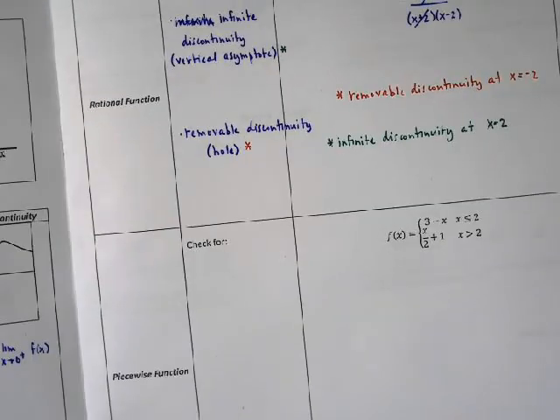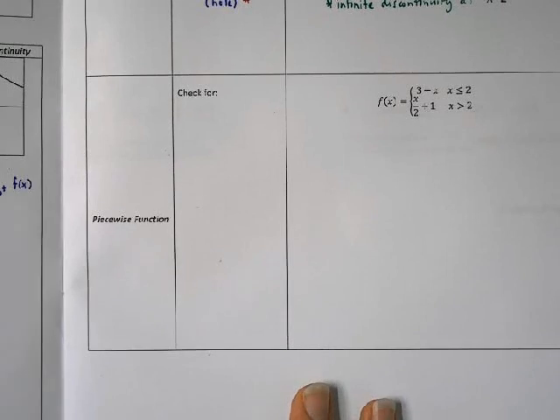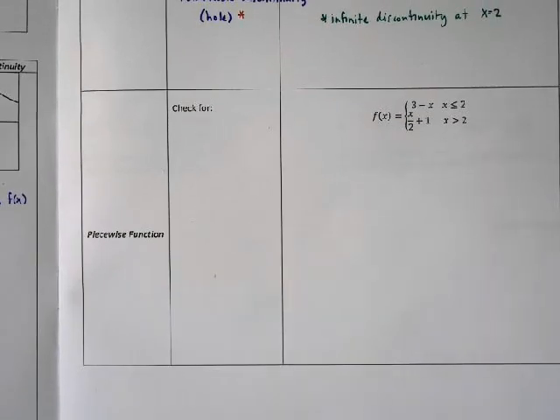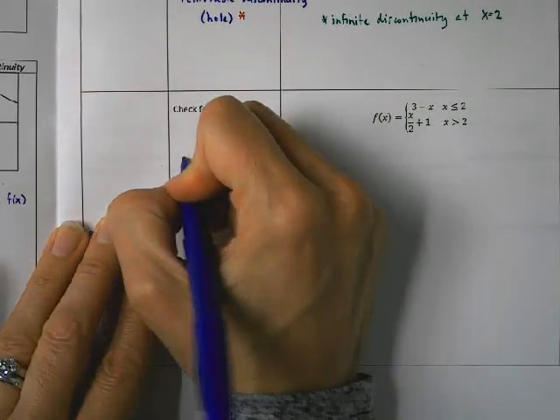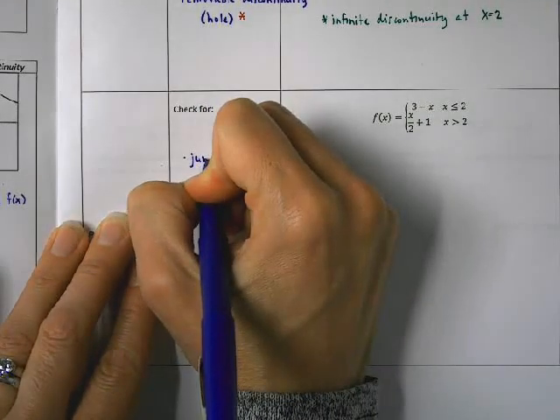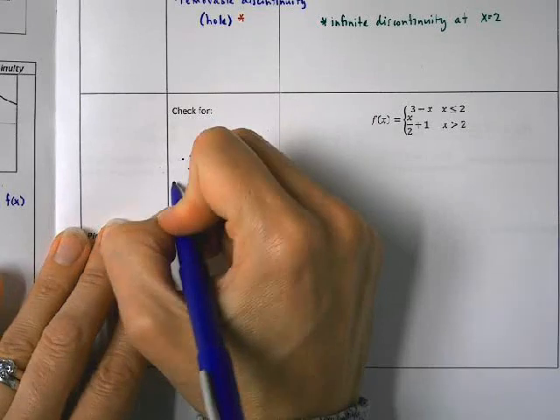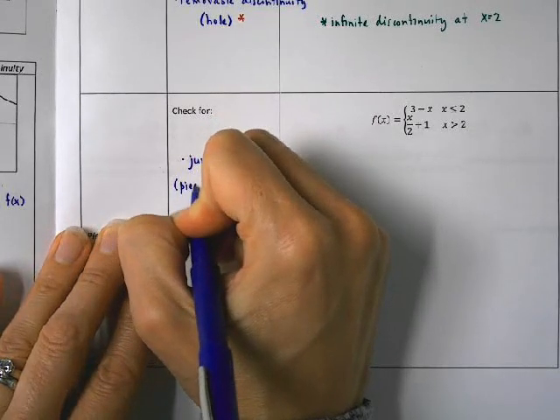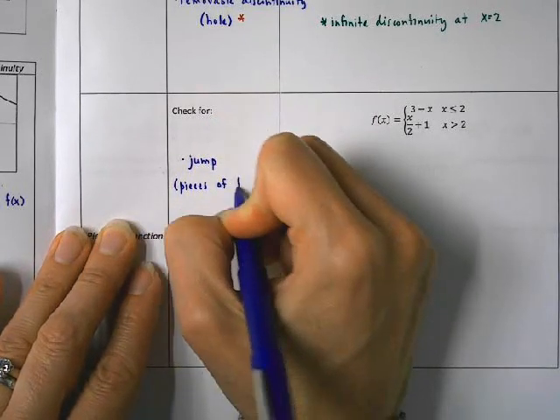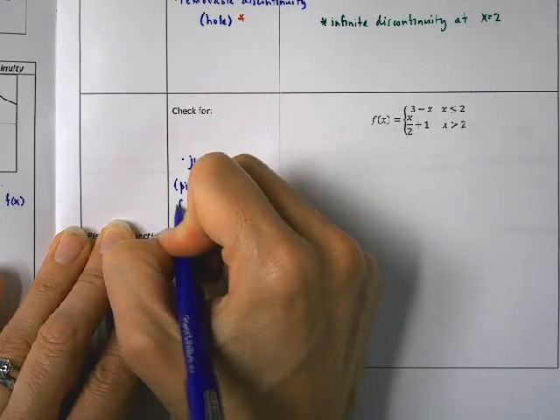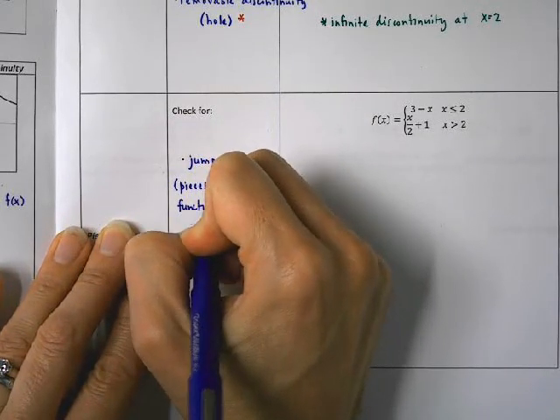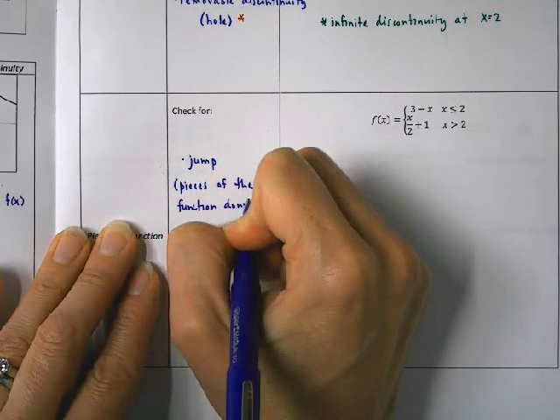All right, now with piecewise functions, in this case, there's two types, again, that I'm looking for. The first thing I'm looking out for is a jump discontinuity. And that's going to happen when the pieces of the function don't connect.